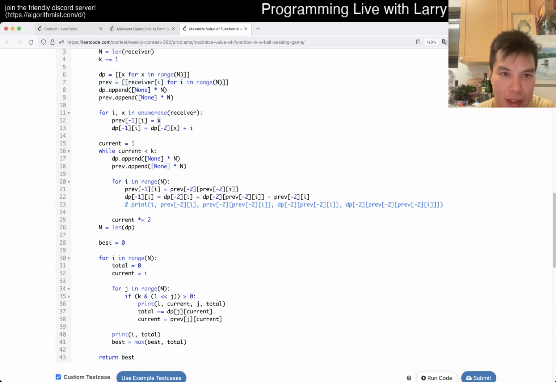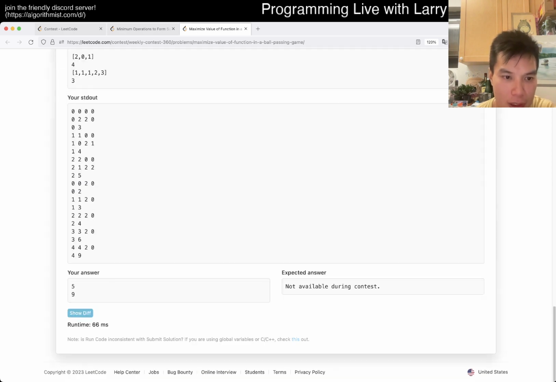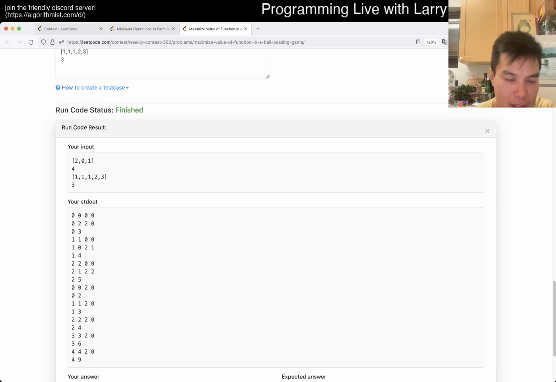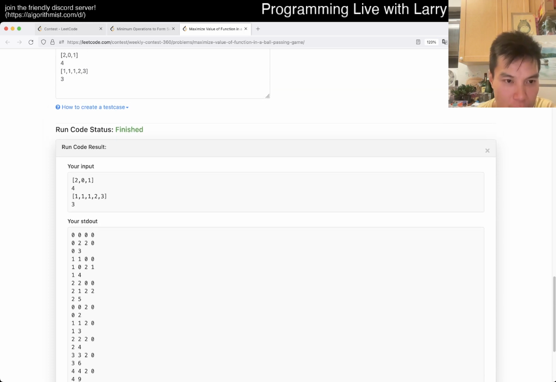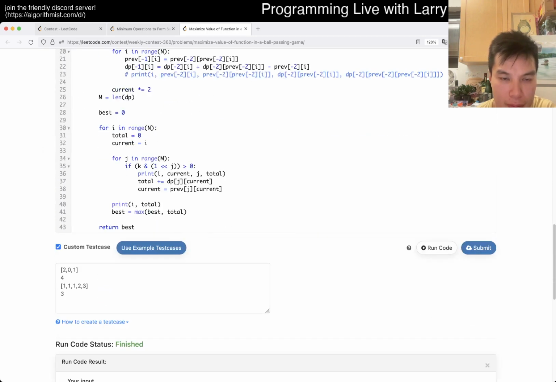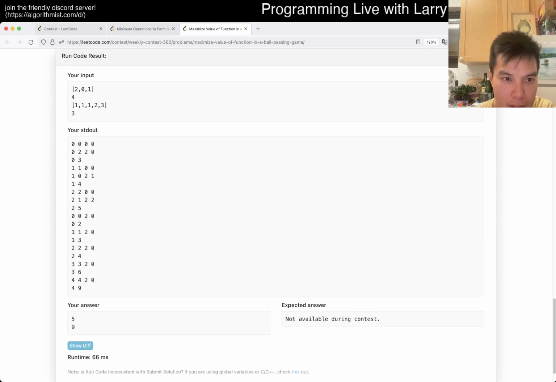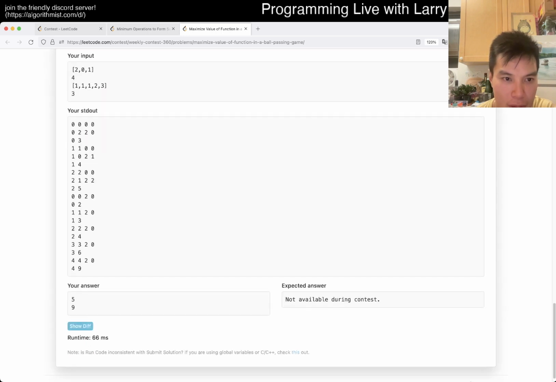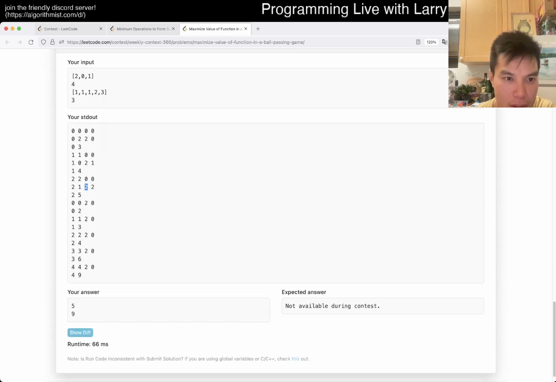I think that's why. Okay, so this is previous of 2. Okay. I mean, this is a little bit better, but it's still wrong. So okay, so 2. I is 2. Current is 2. We want 0 and 2 here. All right.